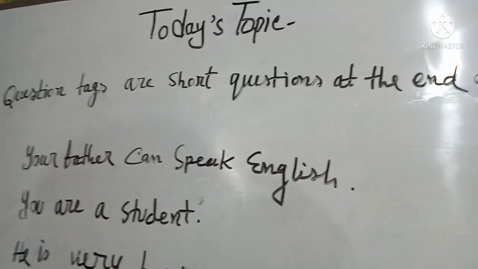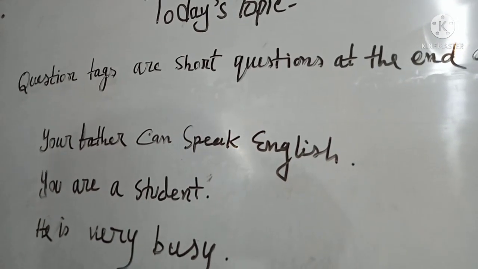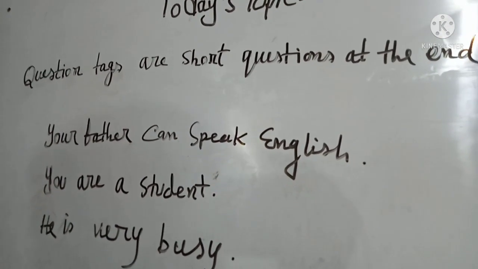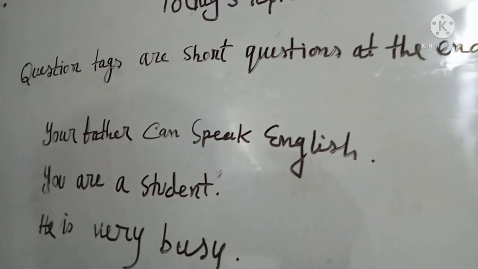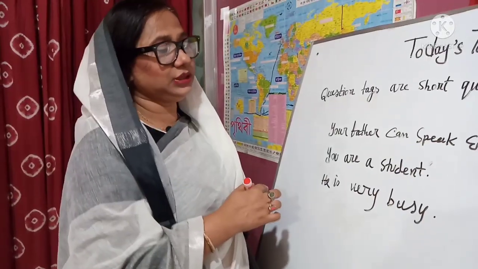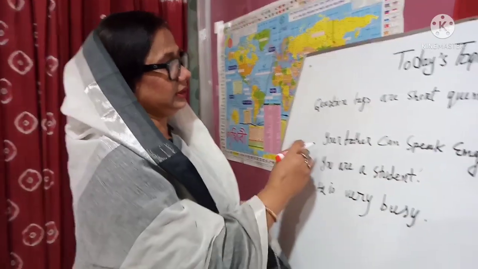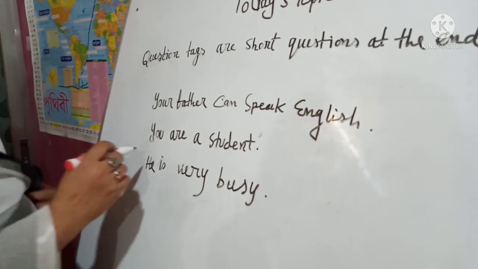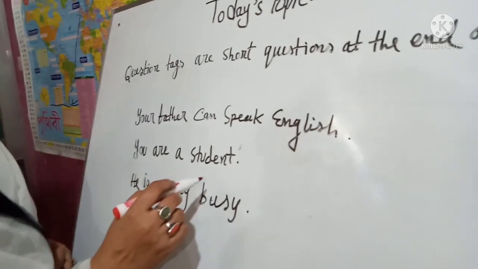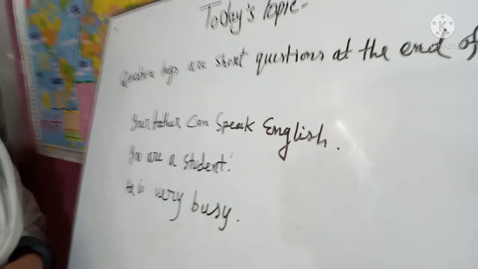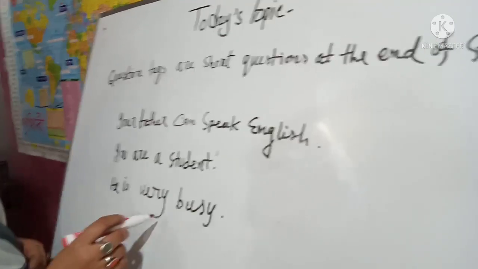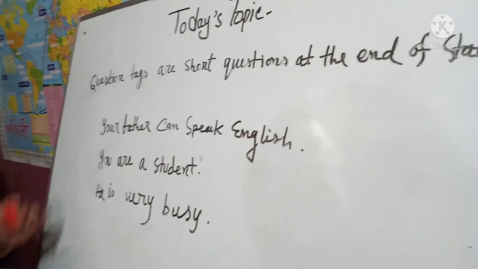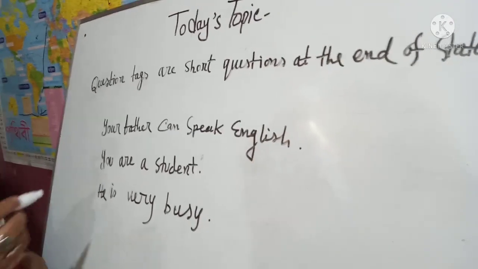Use the auxiliary or the modal verb and the subject pronoun of this statement. Your father can speak English, this is a statement. You are a student, this is a statement. He is very busy. All are statements.